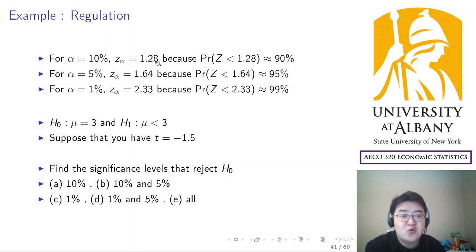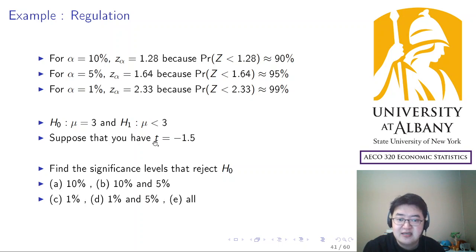Actually, you have to think of it as minus 1.28 because you are only considering the lower tail, so the cutoff must be negative because it is the negative tail. So the cutoff is minus 1.28, and the observed t statistic is smaller than minus 1.28. Then you are going to reject the null hypothesis.